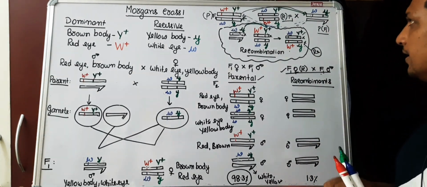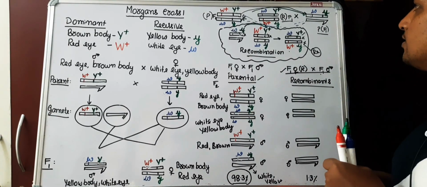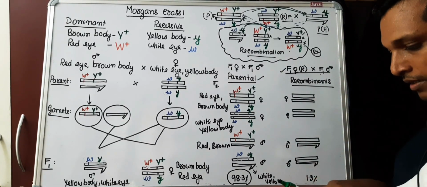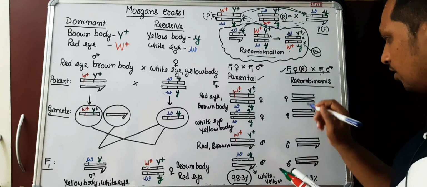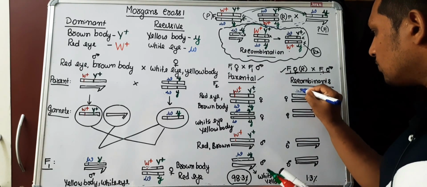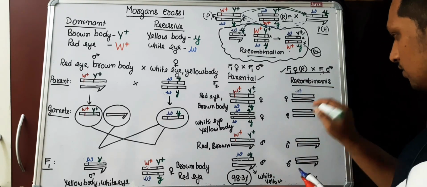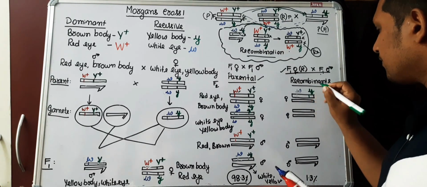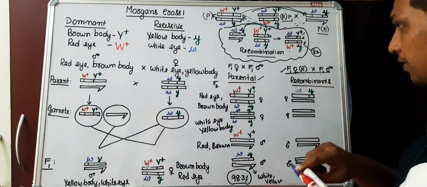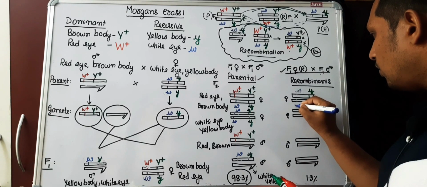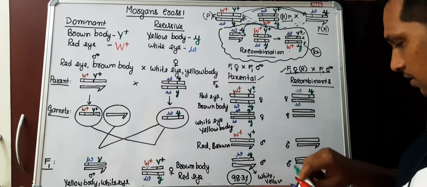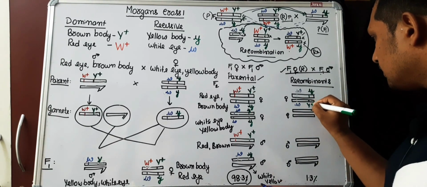Now let's write the genotype. X of male I will write first. X of male contains small w, small y. First X of female contains small w, y plus.